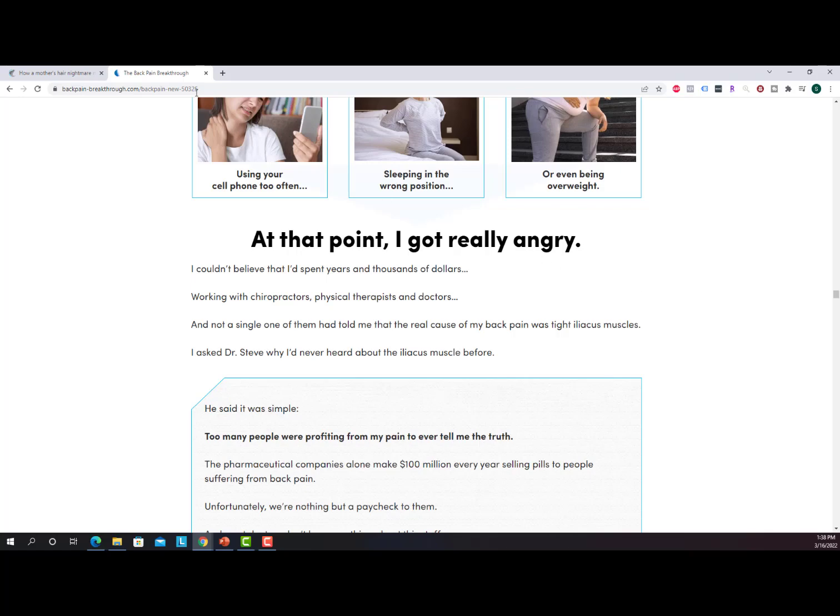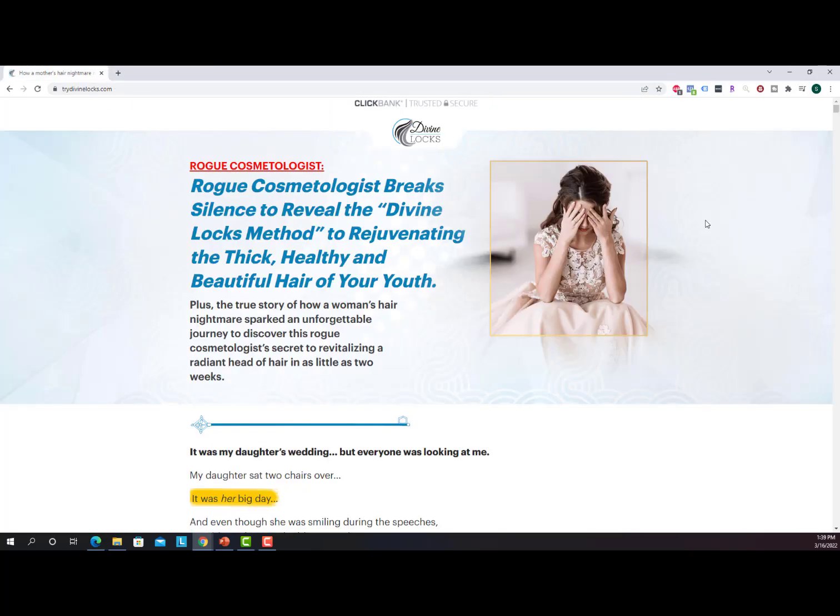Now, let's take a look at one last example here, and then we're going to go back to a different kind of structure for a story lead that a lot of successful offers have used. And then finally, we'll wrap up this training with some applications to modern forms of advertising like TikTok.